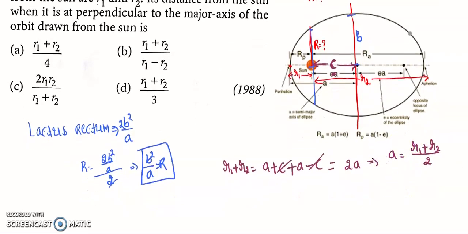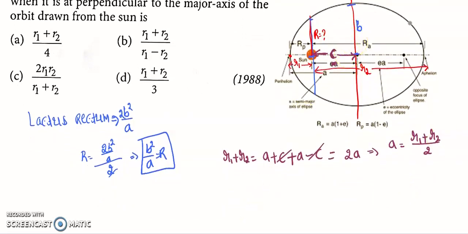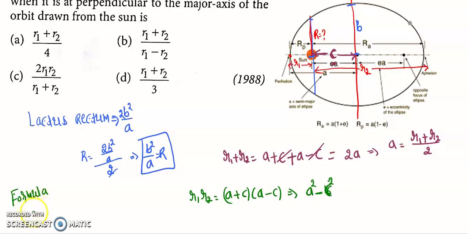Then come to b. To find b, you have to take r1 into r2. r1 into r2 is a plus c into a minus c, which is a square minus c square. From the formula you studied in mathematics in first PU, a square minus c square is equal to b square.